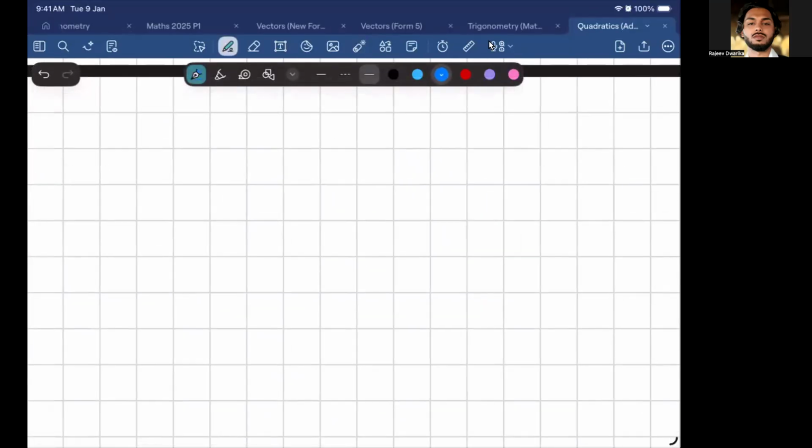So tell me, Serena, what's the general form of a quadratic? ax squared plus bx plus c. Right. Now A, B, and C, we could agree that they could be any number. Yes, sir. So A, B, and C belong to the set of real numbers.